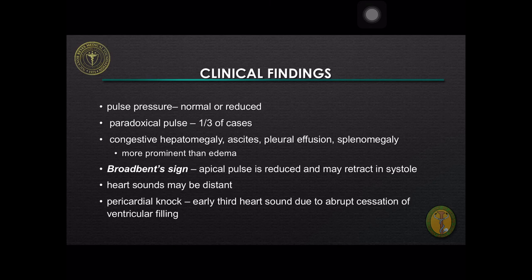The apical pulse is reduced and may retract in systole. This is also called the Broadbent sign. Heart sounds may be distant, and an early third heart sound due to abrupt cessation of ventricular filling is heard, which is the pericardial knock.